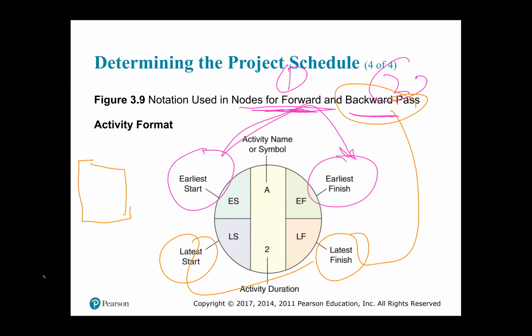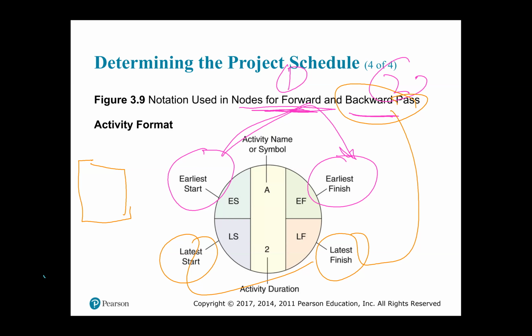You cannot write it willy-nilly. I would suggest that you use a legend to indicate what it is that you're displaying in the node if you're not using the circle. However, I will use the circle, and the information therefore in the circle will be displayed as follows on the board.